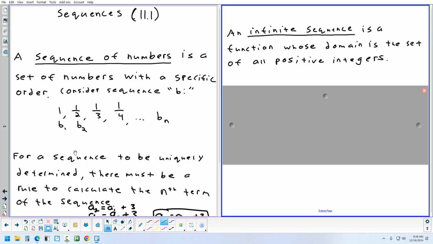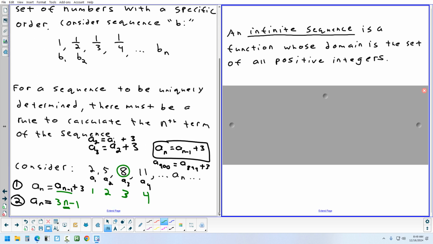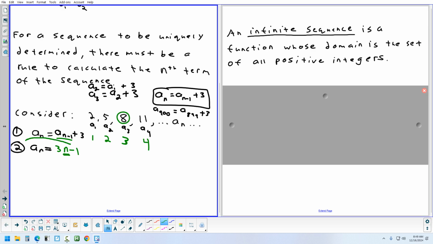Now, let's look back at this formula for a second. When I say the domain, I'm talking about the domain of that formula. Since the domain is positive integers, why wouldn't it make sense here to plug in like 1.7? Mathematically, you can do that. 3 times 1.7, take away 1.